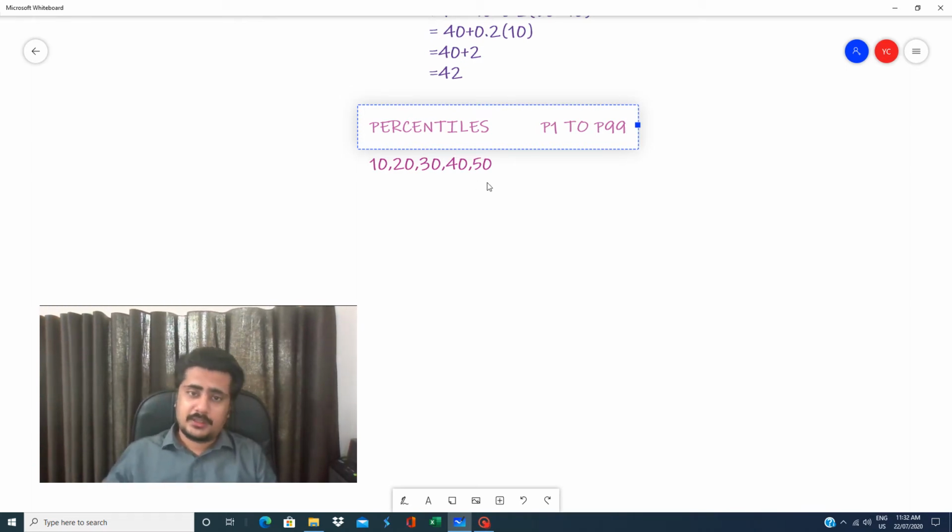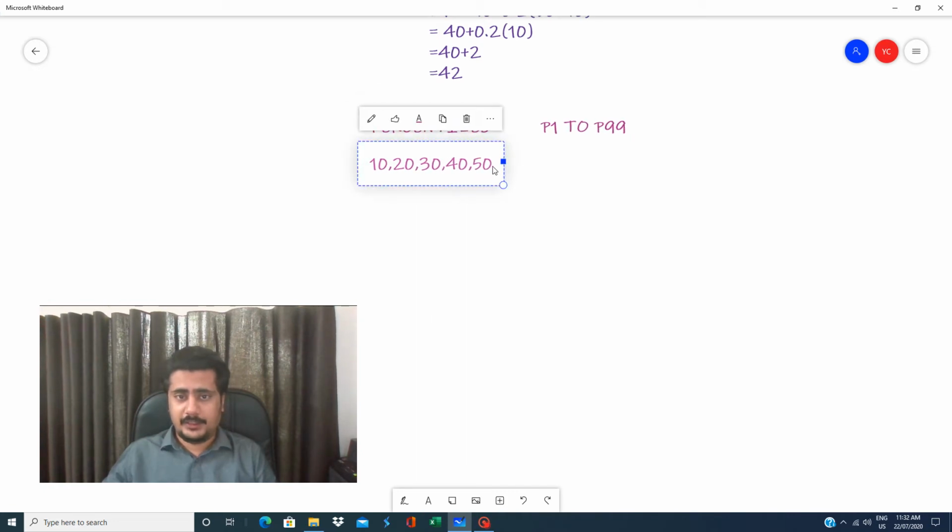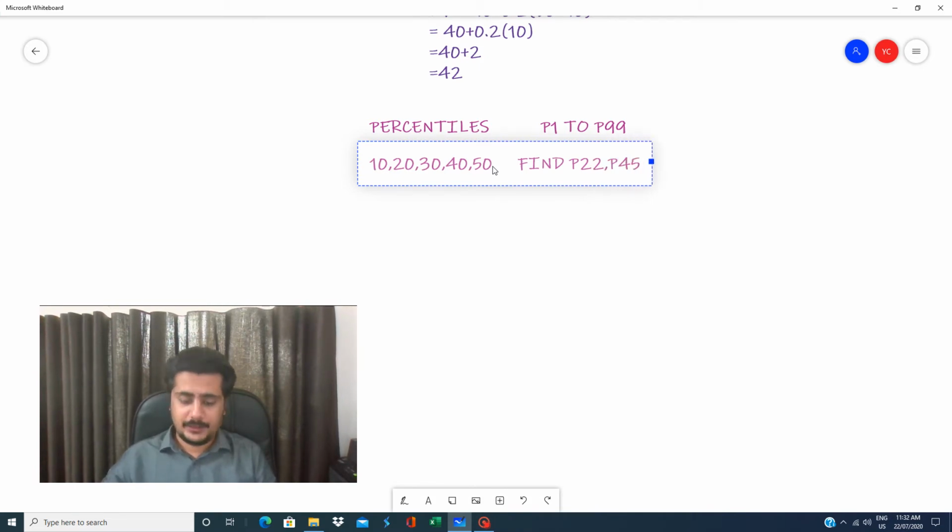We are doing the same question, and we will be finding, let's take P22, then let's take P45, let's take P62, and let's take P76.